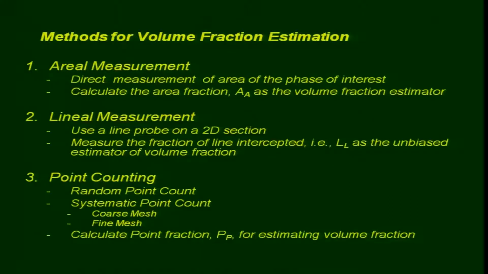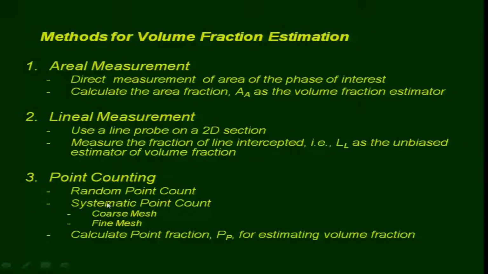In one case I have a circular object, in the second case I have a spherical object, and we had shown, or rather we had simply given the result, an intuitive result, that the probability of a point falling inside the circular shape or inside the spherical object was nothing but the area fraction or the volume fraction. Hence, when I do this experiment and obtain point fraction, this is actually estimating the probability of a point falling inside the beta phase, and hence point fraction becomes an estimate of area fraction or volume fraction.